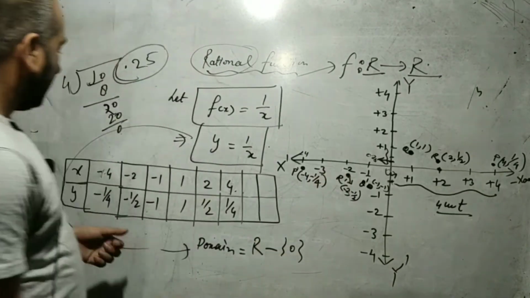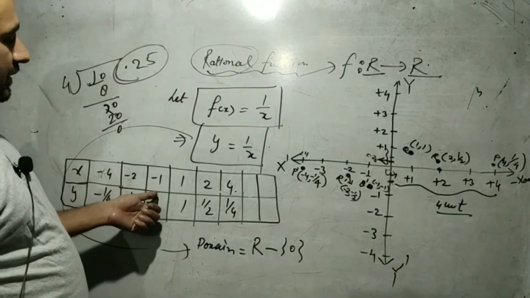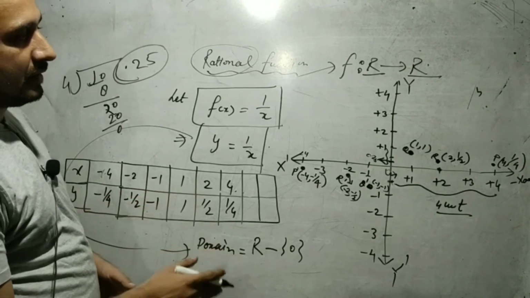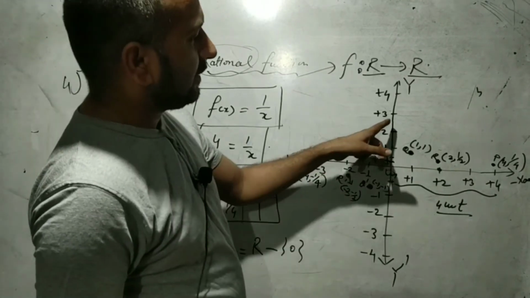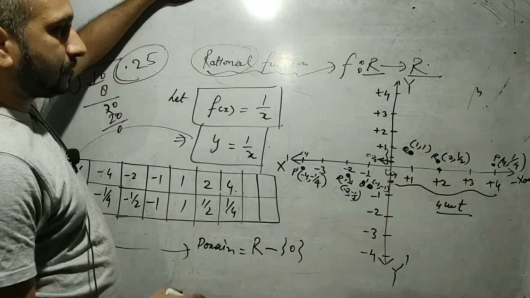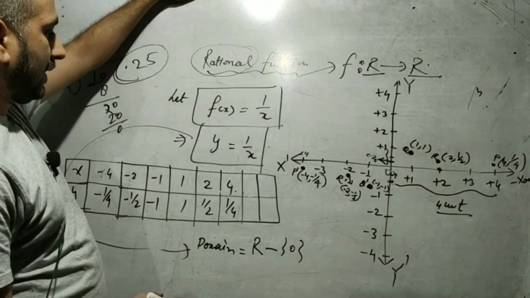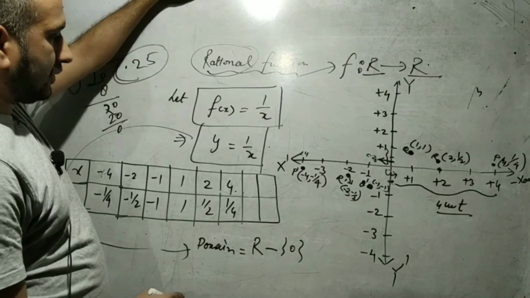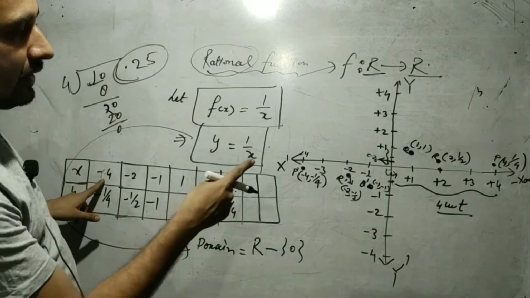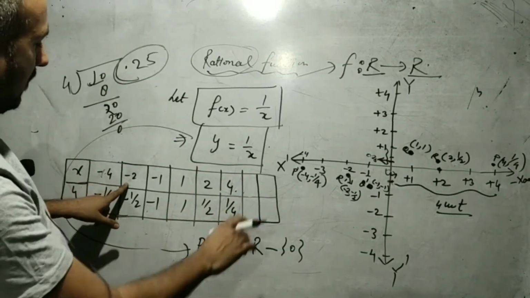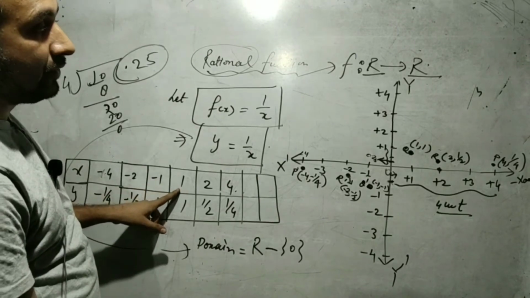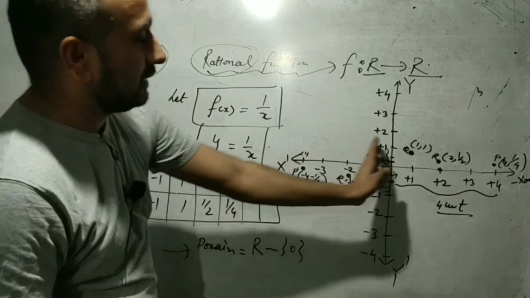So minus 2 complete, minus 1 complete, 1 complete, 2. If you are taking x equal to 4, y is also 1 upon 4. There is no issue. Minus 4 we have already located, minus 2 and minus 1 we have also located here. Next is 1, 2, and 4 positive.